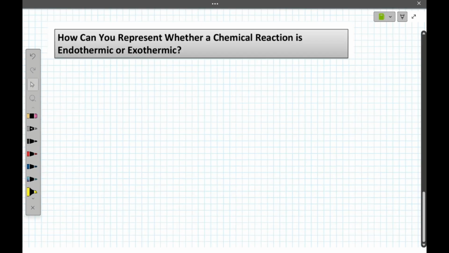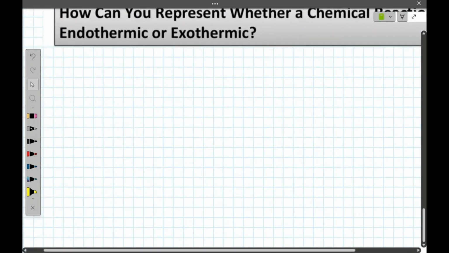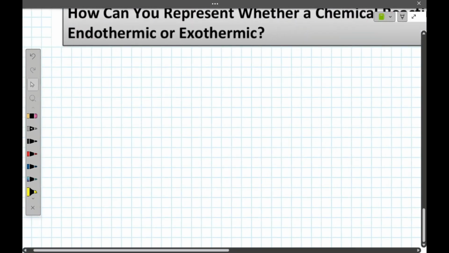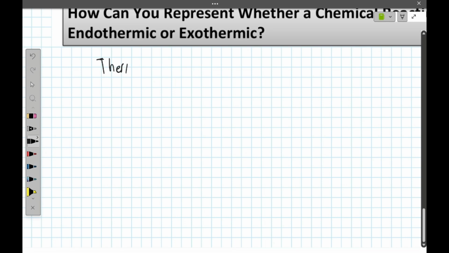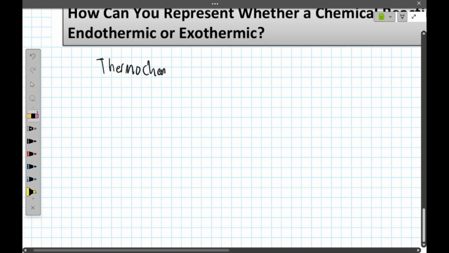Okay, so how can you represent whether a chemical reaction is endothermic or exothermic? There are two ways. The first way is through a thermochemical equation. So the way you write this, let's take magnesium oxide as an example.